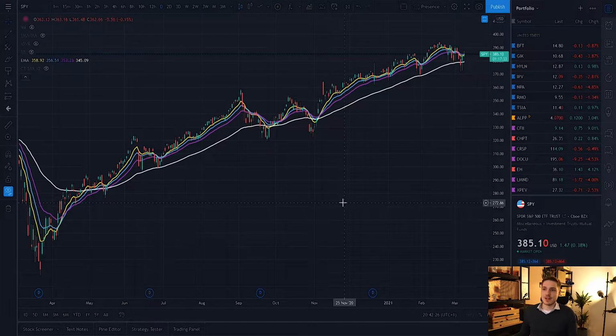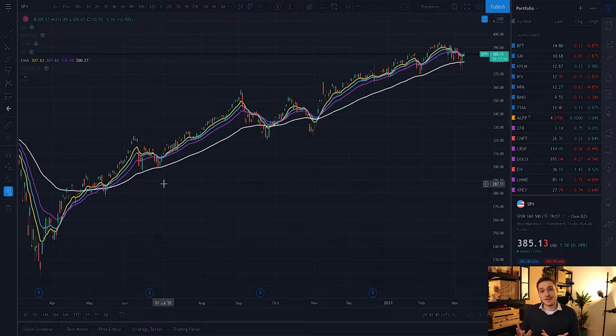Here we have the chart of SPY, which is an ETF for the S&P 500. And we can see that this 55 EMA is this white line over here. The EMA simply tracks the average price of a certain stock, or in this case of a certain ETF.